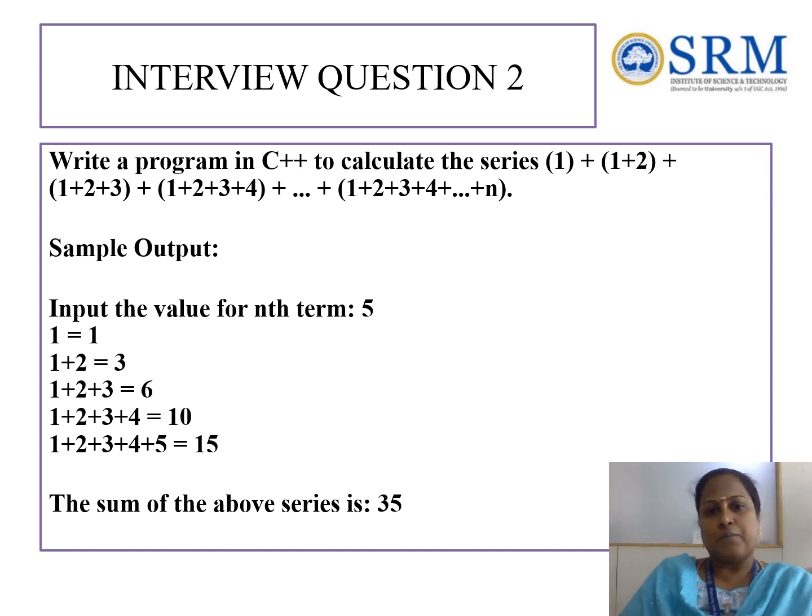The third term is 1 plus 2 plus 3, which is 6. The fourth term is 1 plus 2 plus 3 plus 4, which is 10. The fifth term is 1 plus 2 plus 3 plus 4 plus 5, which is equal to 15. These are the internal series summations. We have to find the sum of the entire thing. So 1 plus 3 plus 6 plus 10 plus 15 is equal to 35.